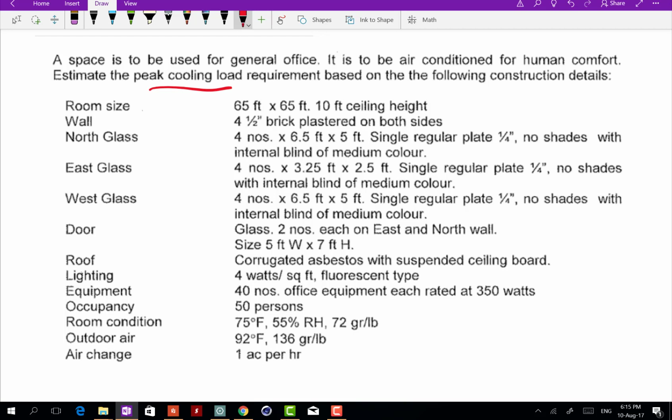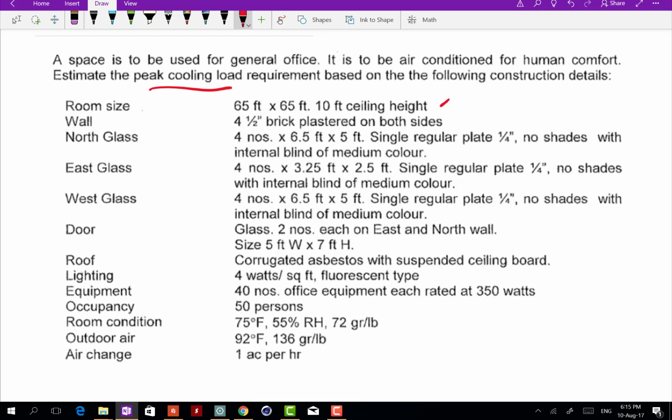So this is the characteristic. First is the room size, 65 multiplied with 65 feet. This is the area multiplied with 10 feet ceiling height. And then the wall, it is made by 4 half-inch brick plastered on both sides.